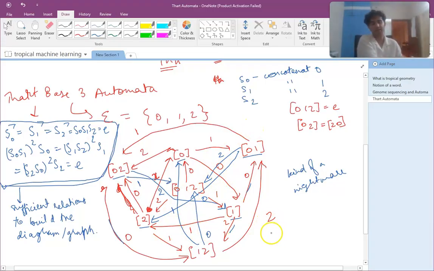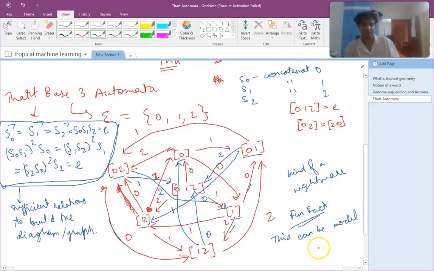And so, an interesting fun fact, this can be modeled as a real life prism that looks like this. So at each of these vertices, I can put one list element, and I can pretend that the edges connecting them are like the transition between them.